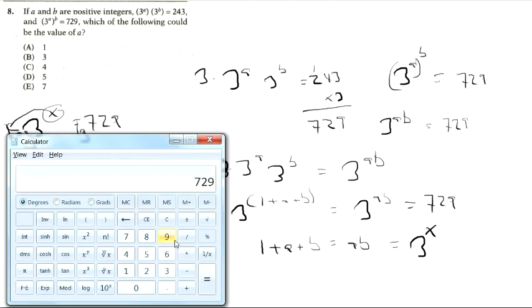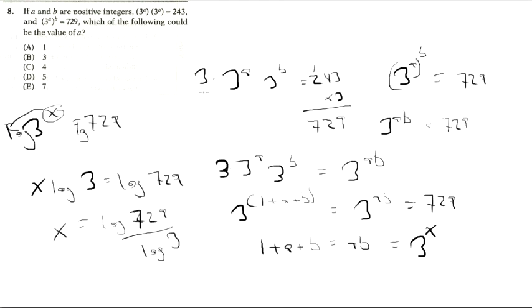Then if we do all of this, so then here, log 729 divided by log 3 equals 6. So we know that x here equals 6. So here I had 3, 3, and 3 to the x.